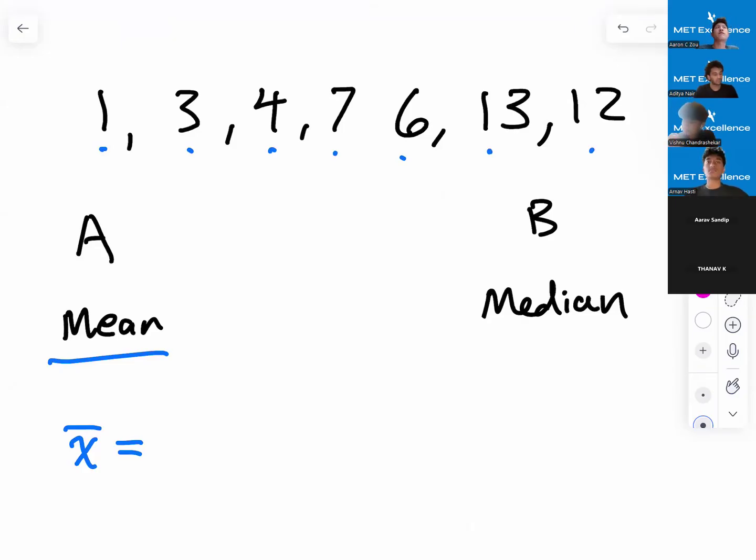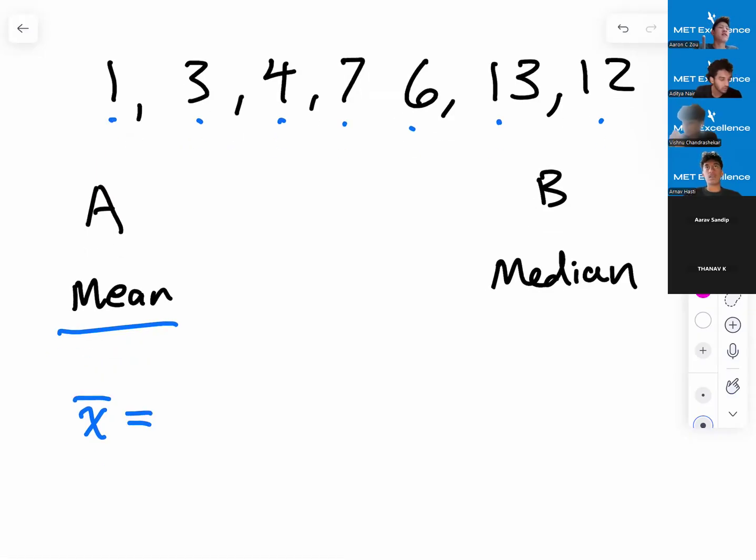When someone says the word average, like on average I do this, or the average height in this school is this tall, people usually talk about the mean. I'll talk about the different ways to measure averages in a moment, but mean is the most commonly used, considered to be the default term. There are many types of means, but they'll only ask you about one because the other types are complicated.